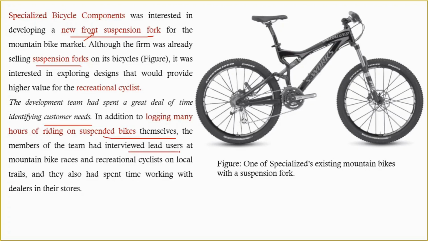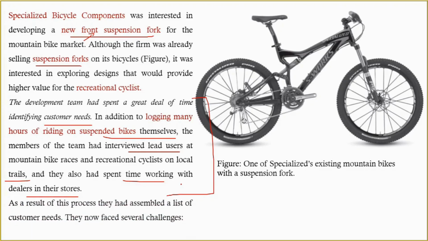This comes under problem definition, how we can find out the problem from the user. The team interviewed lead users at mountain bike races and recreational cyclists on local trails, and they also spent time working with the dealers in their stores. Ultimately, by this activity they are trying to identify the need so that they can create the new front suspension fork.